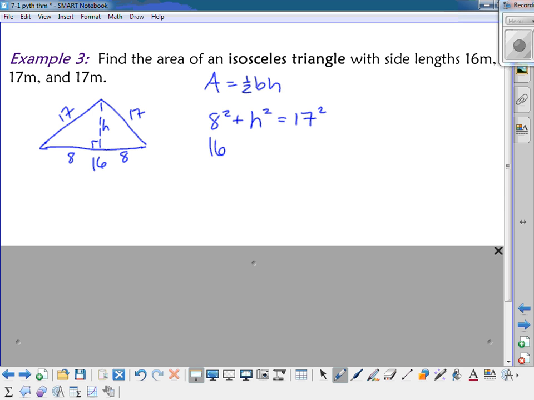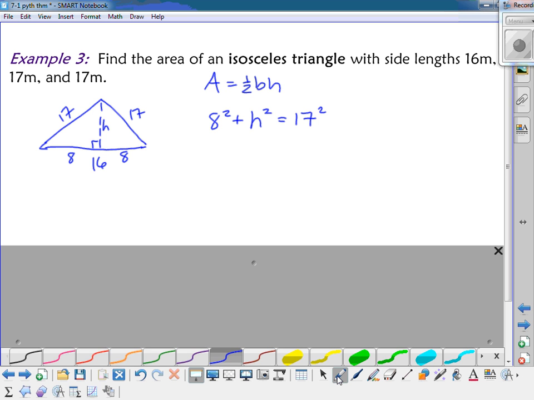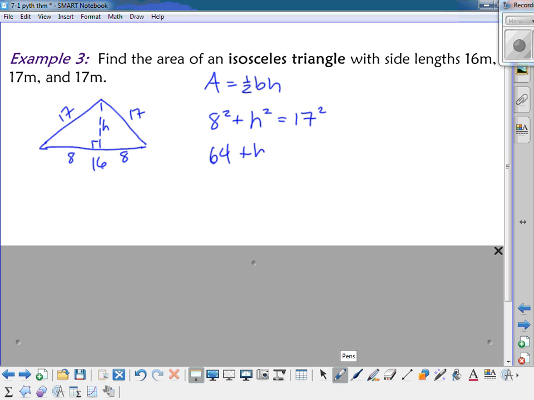So we get 16, or not 16, 64. And 17 squared is 289. So if we subtract 64 from both sides, I get that h squared is 225. And so the height is 15.